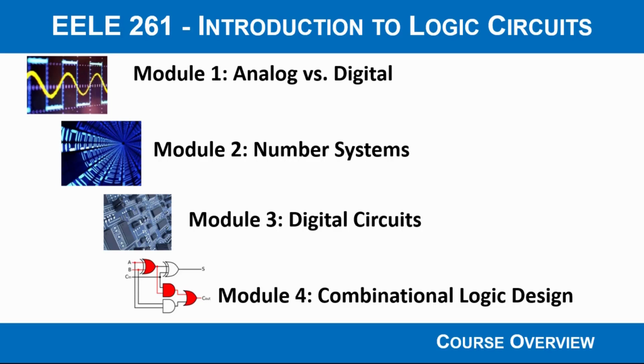We start off with a really short module to get used to the notion of what a digital signal is. We do that by contrasting it to an analog signal, which we might be more familiar with. Then we move into number systems, and we talked about how a computer operates on ones and zeros. In order to understand how to build circuits that manipulate ones and zeros, we need to understand how you represent information with ones and zeros.